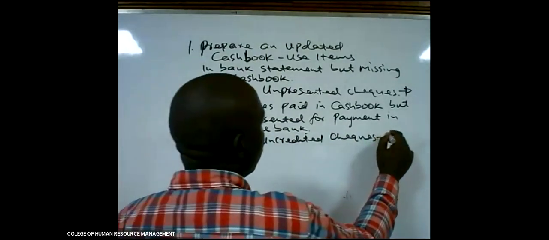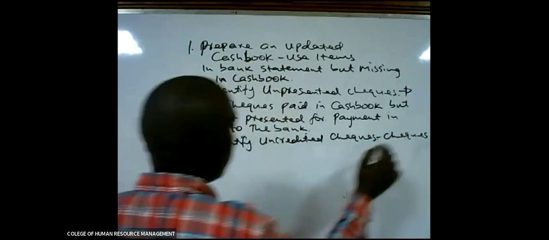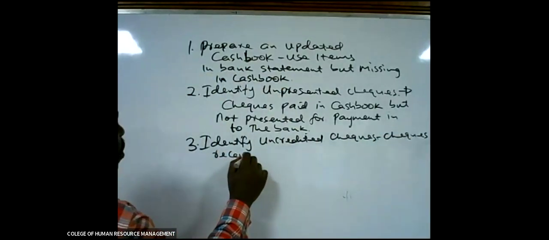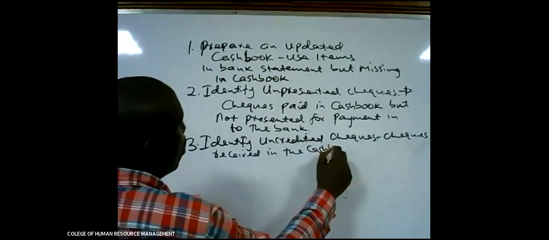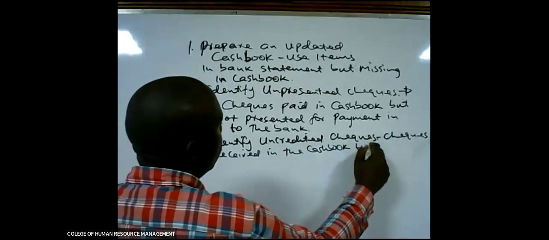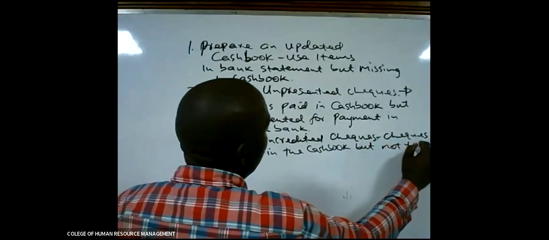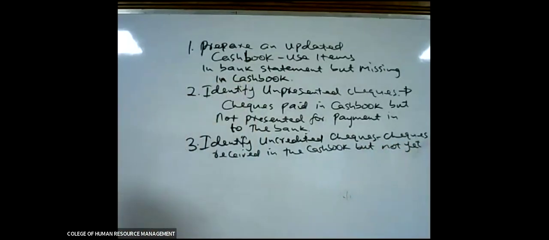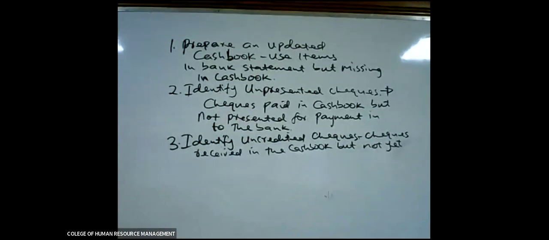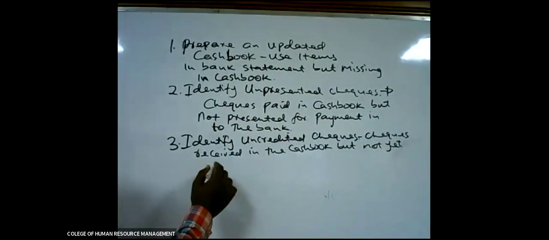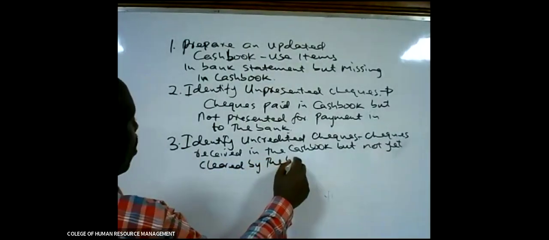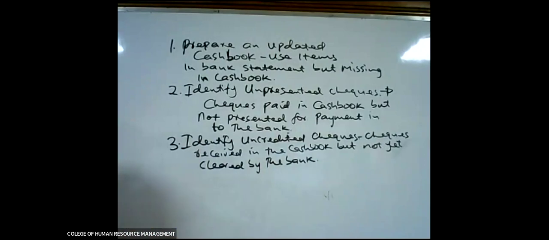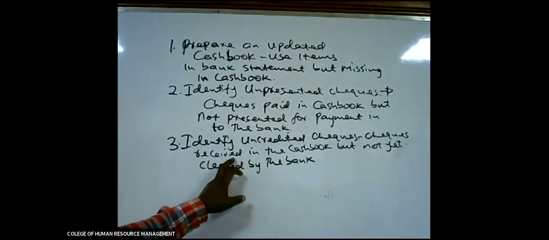These are the checks received and recorded in the cash book, but not yet cleared by the bank. These are the checks we received, and then we recorded them in the cash book.